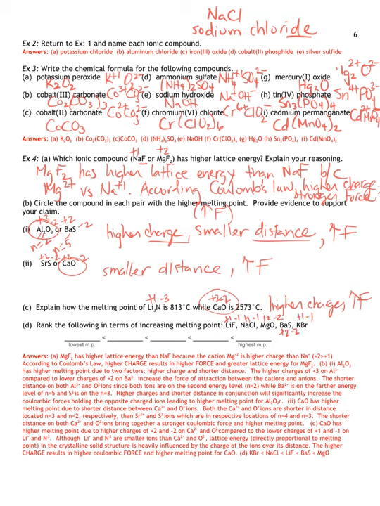So I'm going to do all the plus 1s in one group. They're going to have the lower melting point. The higher ones will have the +2s and -2s. Okay. So obviously, the bigger the ions, the lower the melting point.